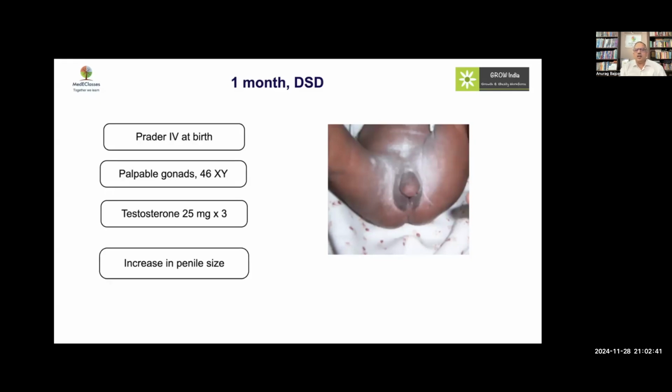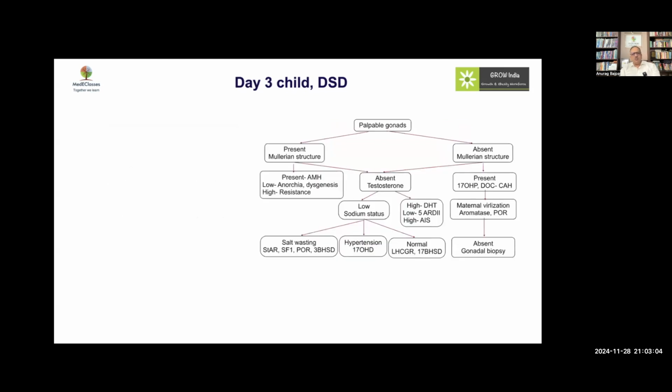But unfortunately, 5 years later, the child developed renal failure. What's very important to understand is that our job is not just done by identifying a DSD or giving some cosmetic measure. We also have to think of a serious underlying disorder, like a WT1 defect, which can result in renal failure. So a comprehensive evaluation of DSD is extremely important.